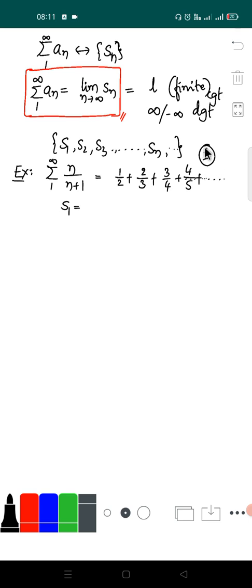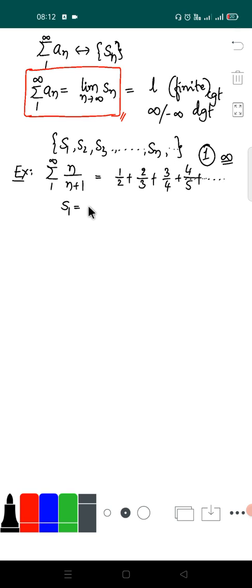Suppose you add half infinite number of times, 1 by 2 plus 1 by 2 plus 1 by 2 plus 1 by 2. If you add any finite positive number infinite number of times, you will reach infinity.